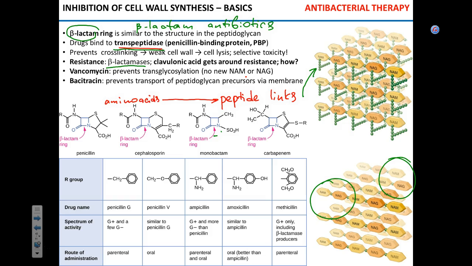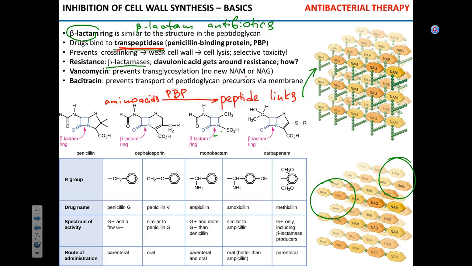Transpeptidase. We're going to call it PBP, penicillin binding protein, it's a synonym. It's called penicillin binding protein, unfortunately, because it binds penicillin. That's it. Okay? So PBP facilitates it.